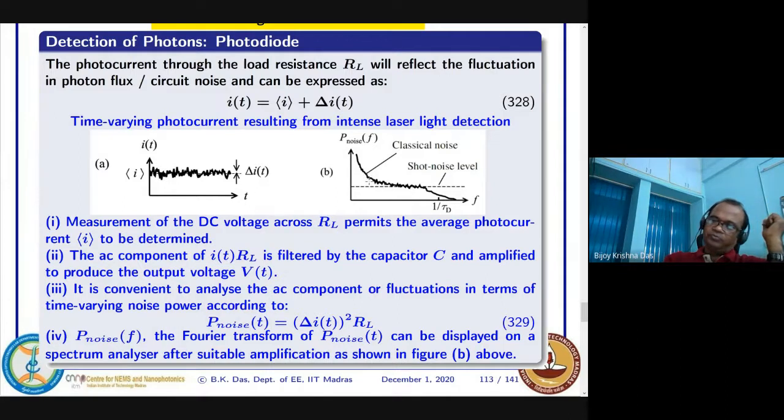Apart from that, if you see any typical photodiode in a semiconductor device book, solid state device book, then they have another type of noise that comes just after the 1 by f noise. In between this Johnson noise and 1 by f noise comes electron hole pair generation noise.